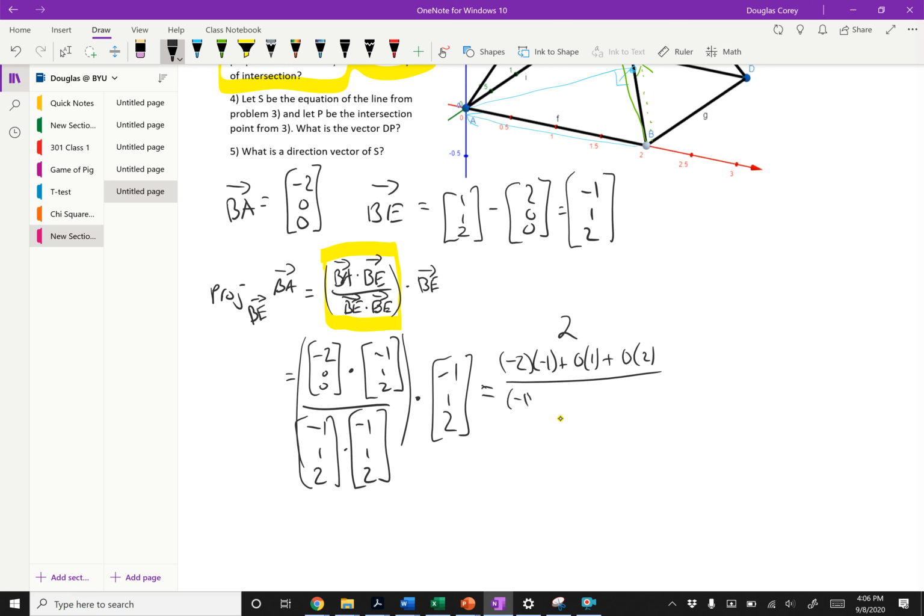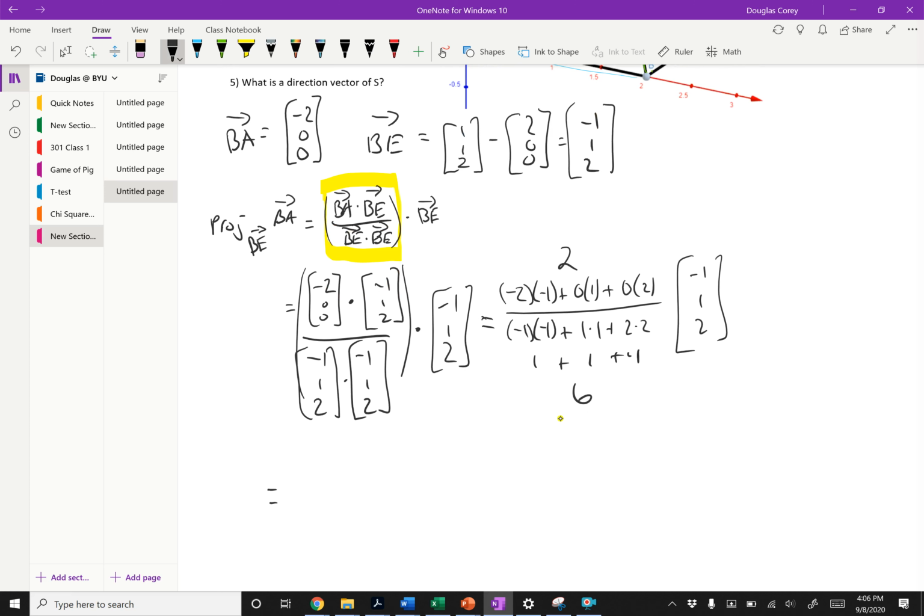And then here we have in the denominator minus 1 times a minus 1, plus 1 times 1, plus 2 times 2. And that equals 1 plus 1 plus 4, so that whole thing is 6. And we multiply that by minus 1, 1, 2. And that ends up just being 1/3 times minus 1, 1, 2.